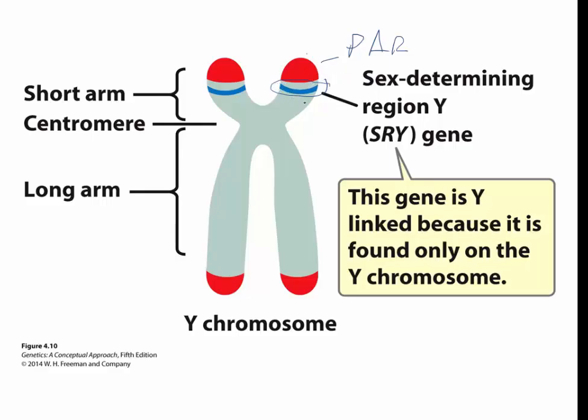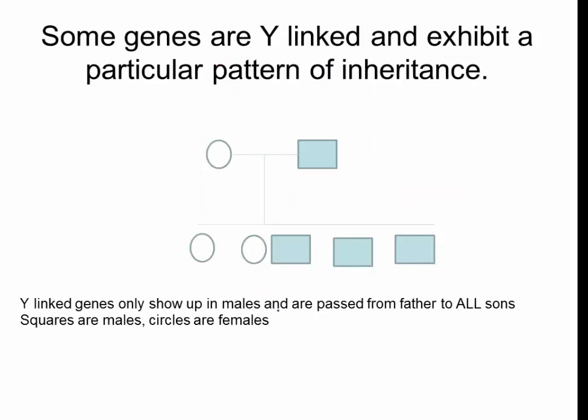And if you kind of mess up crossing over, you can pick up this sex-determining region of the Y. And that's how you sometimes end up with an X chromosome with that bit on the X chromosome. So that's sort of how the chromosomes determine sex.